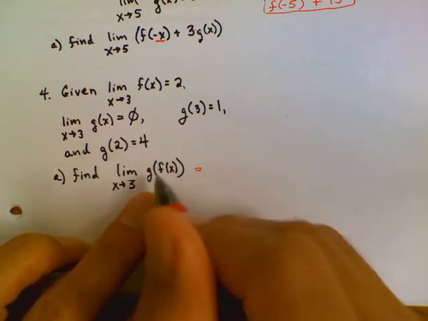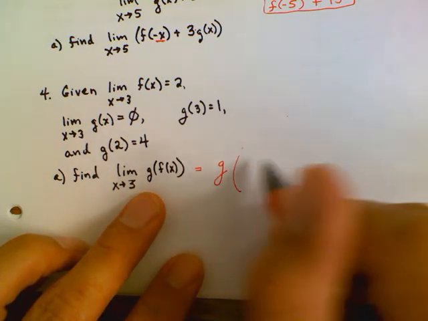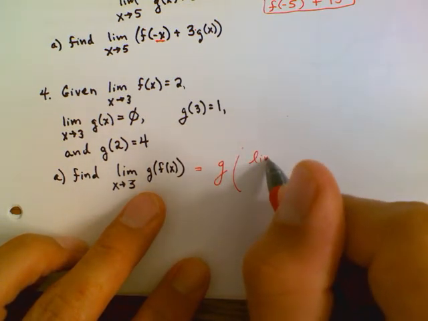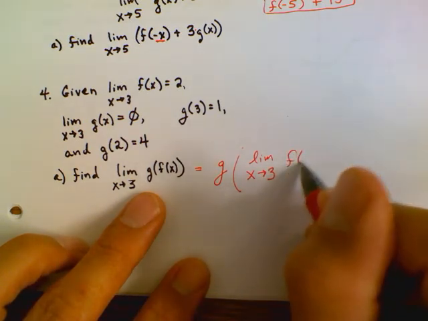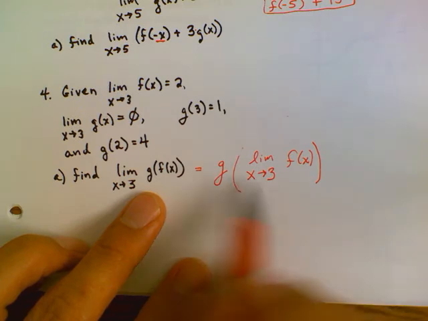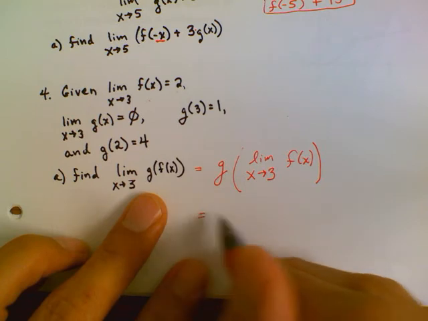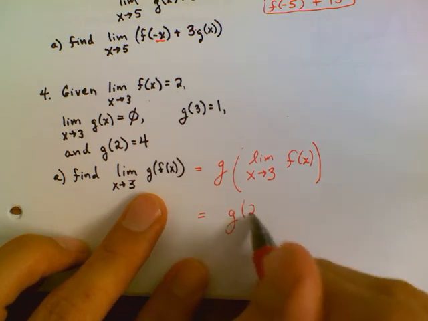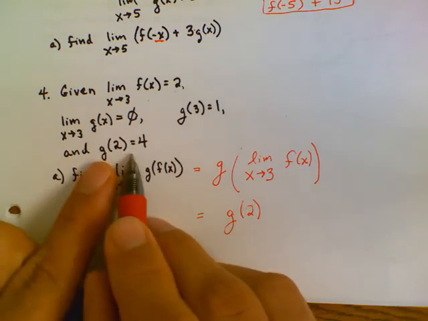This is going to be a composition, so it's basically g of the limit as x approaches 3 of f of x. Hopefully we have that number. We do have that number, and it's 2. It says g of 2. Well, g of 2, it already says up here, g of 2 is 4.